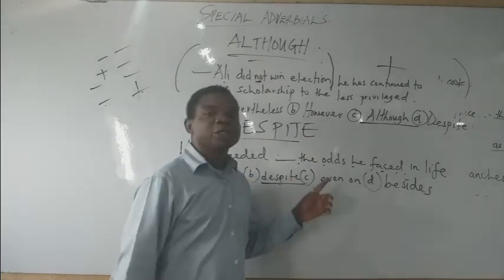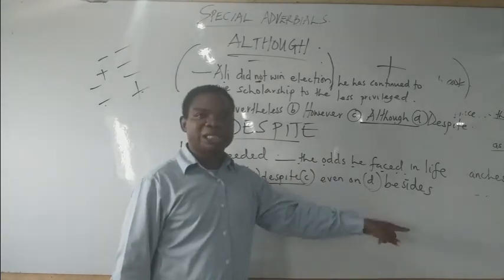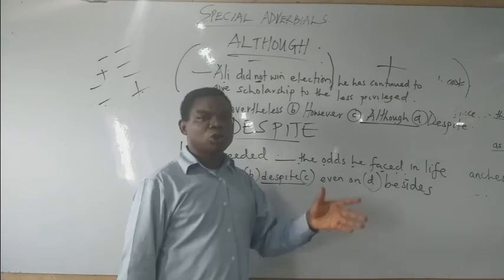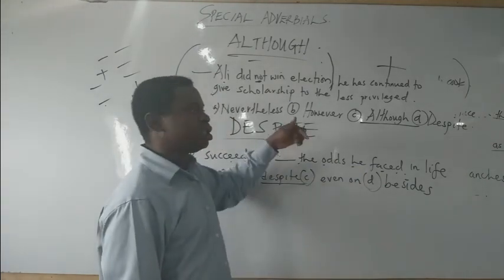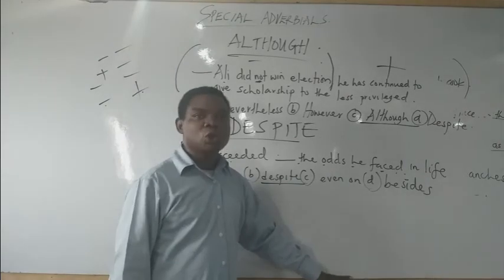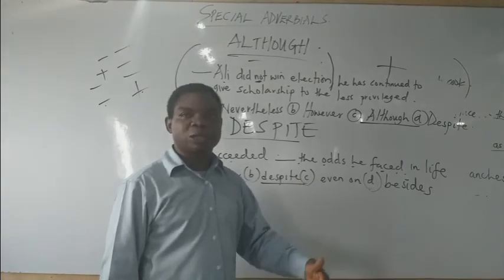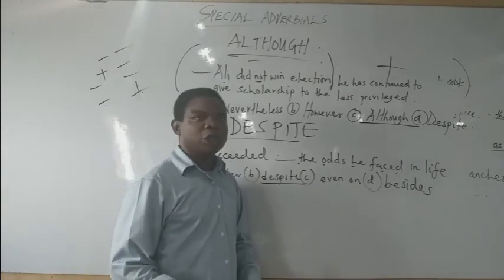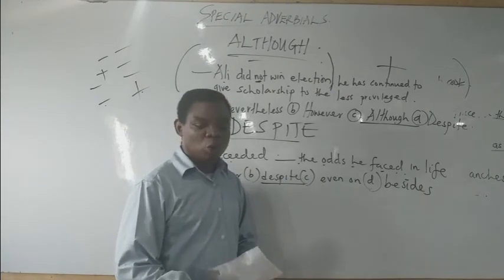So it is despite that will go in that instance. You cannot use beside. You cannot use although. What's the right adverb in that instance? Despite. Why? It shows what we do not expect, but what will occur. It occurs against one's wish.